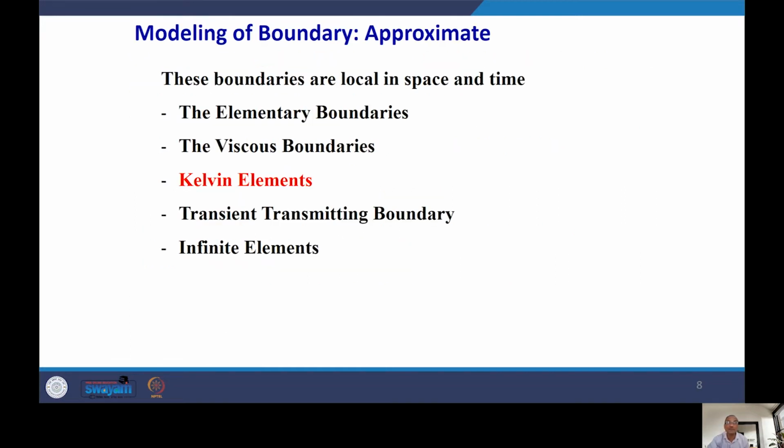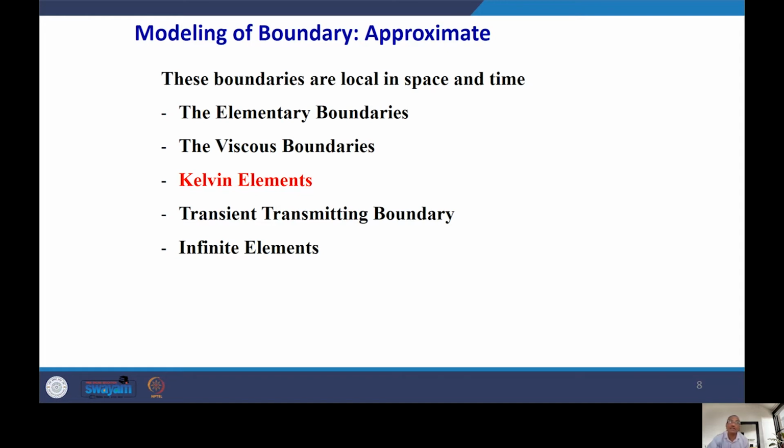So coming to here, one of the important issues where advancement has been made in SSI analysis is related to modeling of the boundary. When you go for the modeling of the boundary, there could be approximate models or there could be rigorous boundaries.